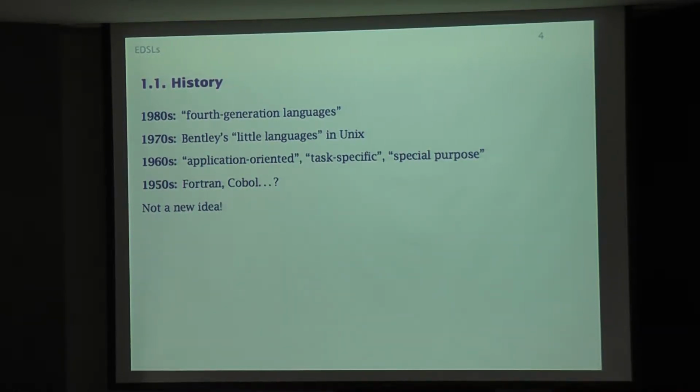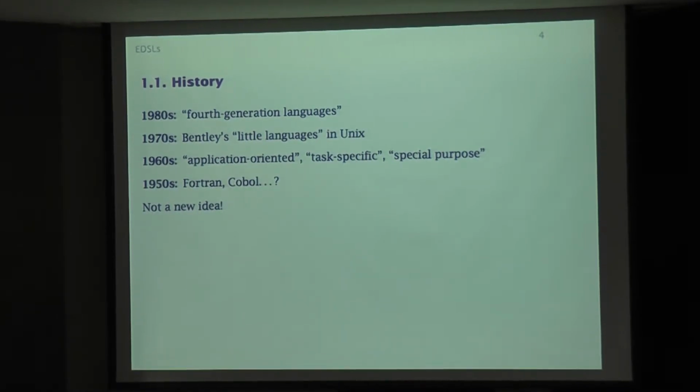Fourth generation languages were basically domain specific languages. So there was a movement to make languages. You might think about web application languages now, or languages for database applications. So they have assumptions about a particular domain of use hardwired in, and they're particularly good for that, and less good for everything else.